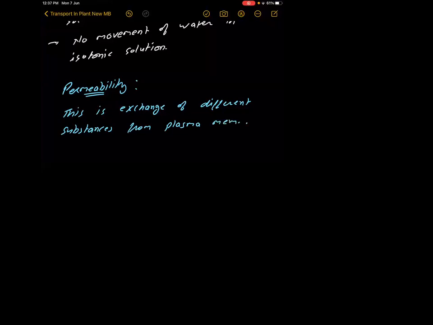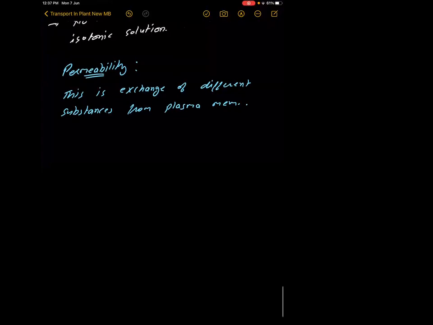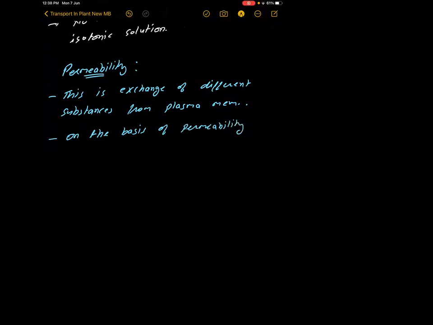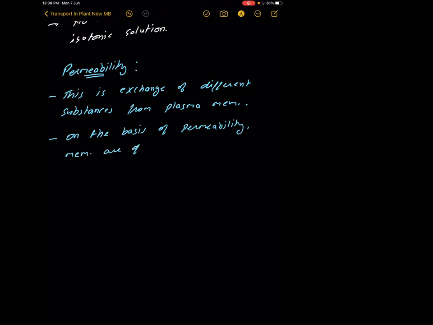It is called permeability. On the basis of permeability, membranes are of four types.